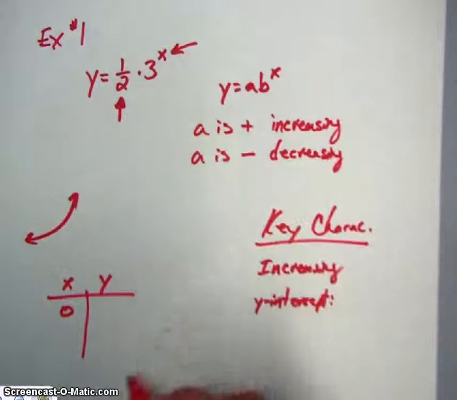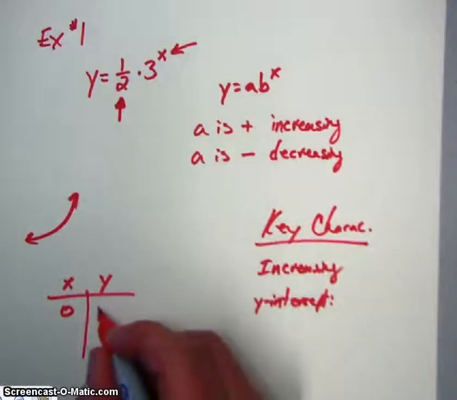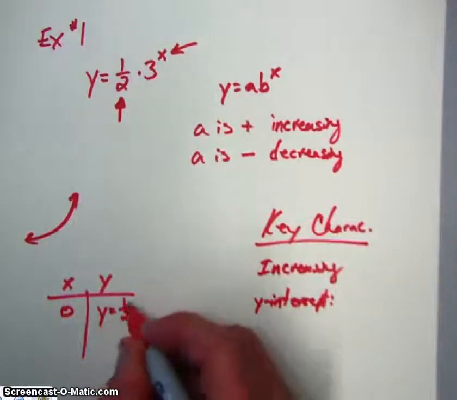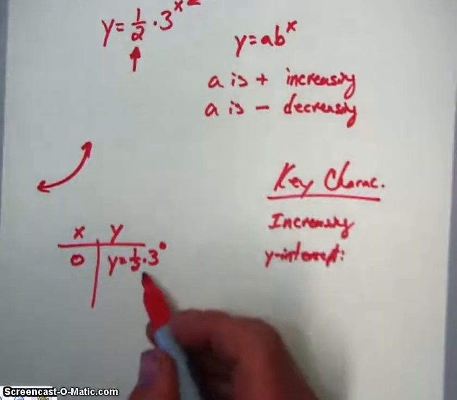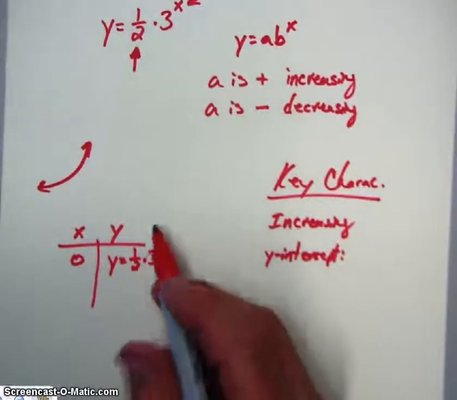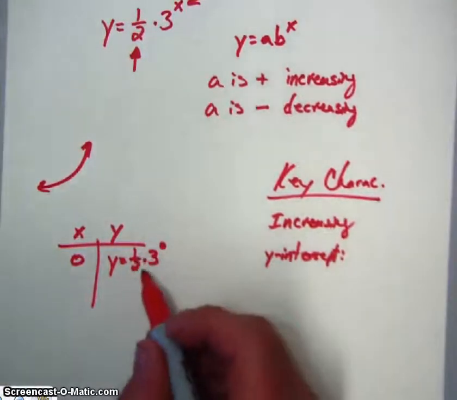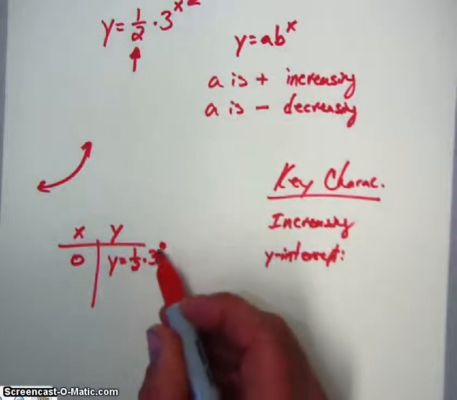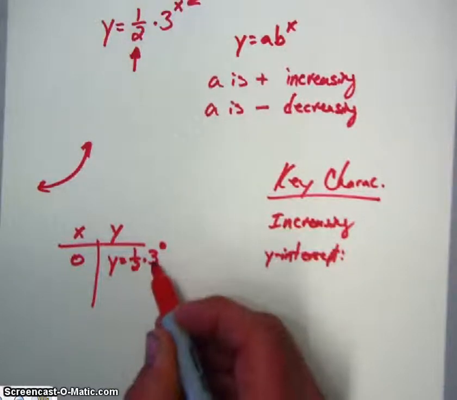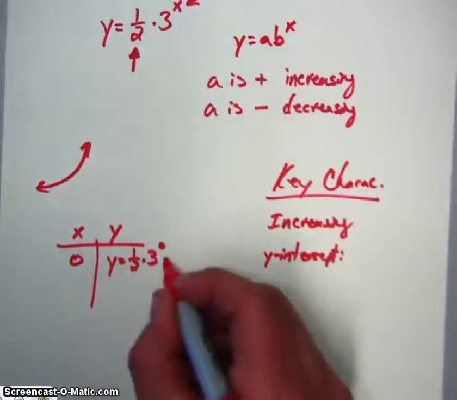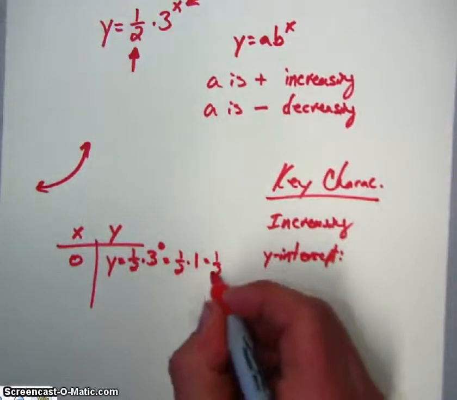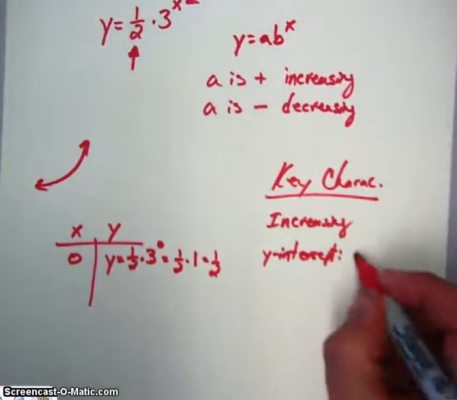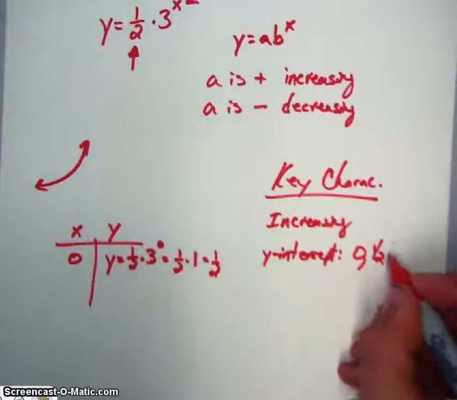So in other words, we have y is equal to 1/2 times 3 to the 0 power. My order of operations says I have to do the exponents first, so 3 to the 0 power is 1. So now this becomes 1/2 times 1, and 1/2 times 1 is 1/2. So my y-intercept is at 0, 1/2.